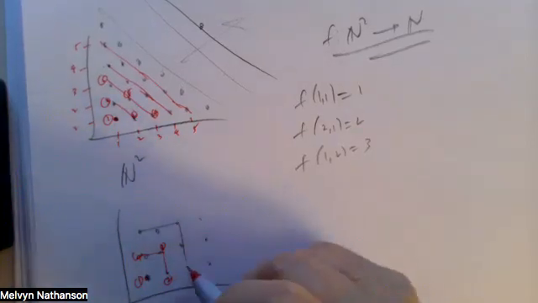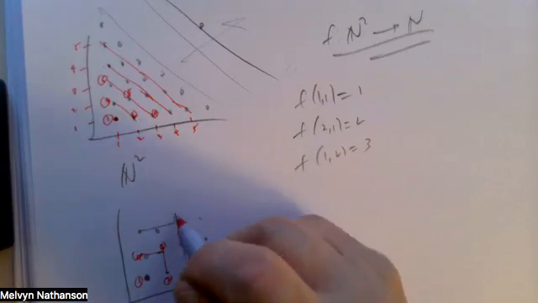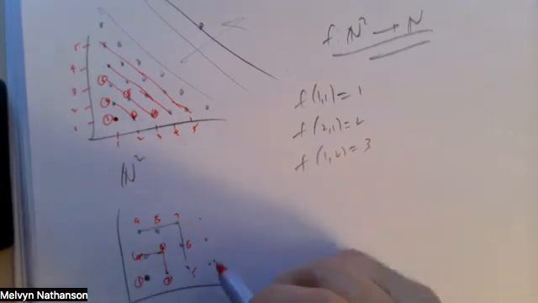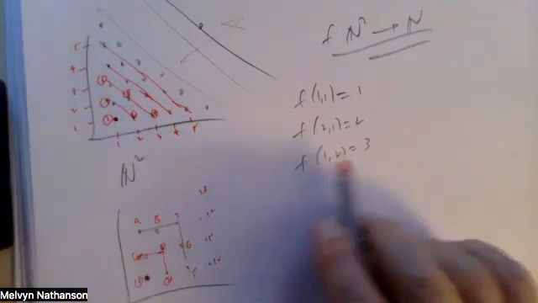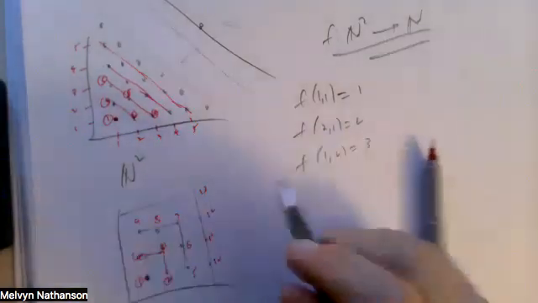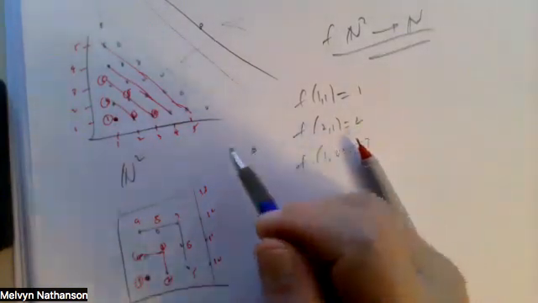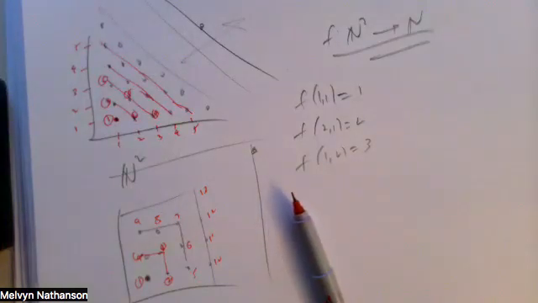This will go to 5, 6, 7, 8, 9, and 10, 11, 12, 13. I can just take these successive right angles, and any lattice point is going to be on one of these right angles, and I can enumerate the points that way.